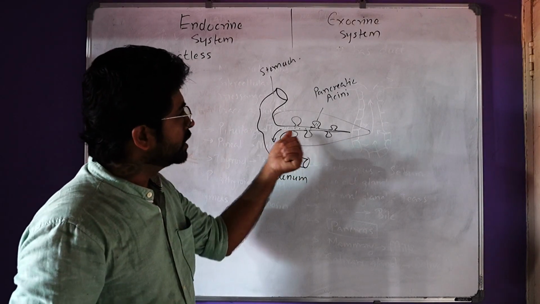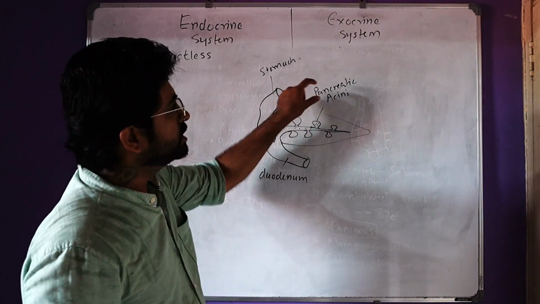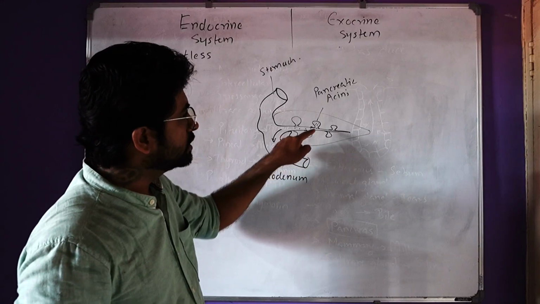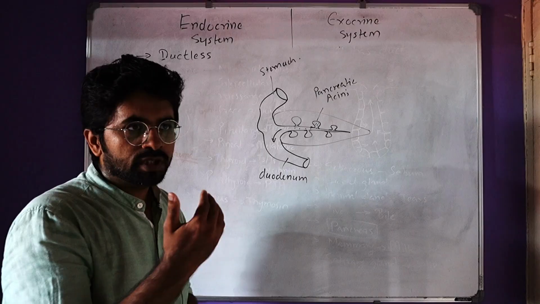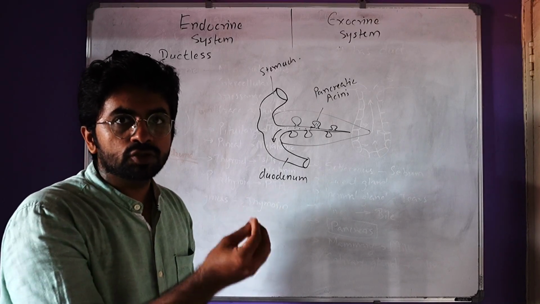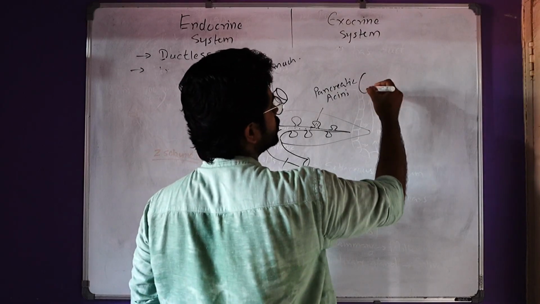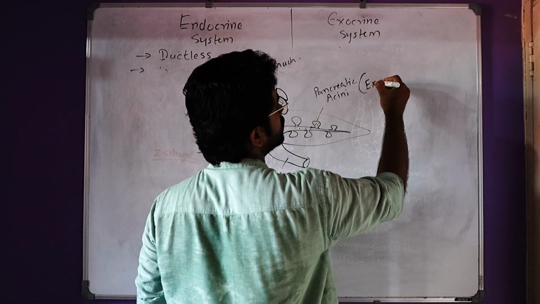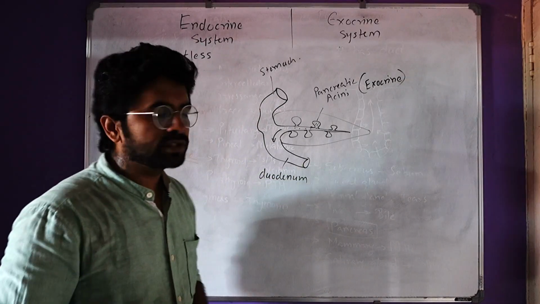So because there is presence of duct, this pancreatic acini and the duct perform their function in terms of exocrine system because there is duct. So we can call this portion as exocrine because duct is used for the secretion.